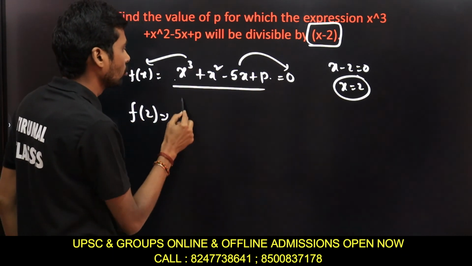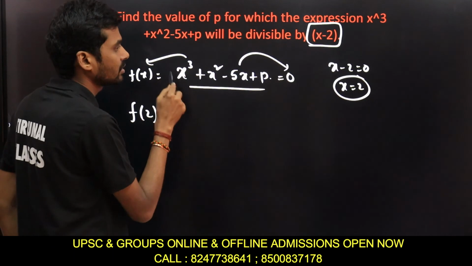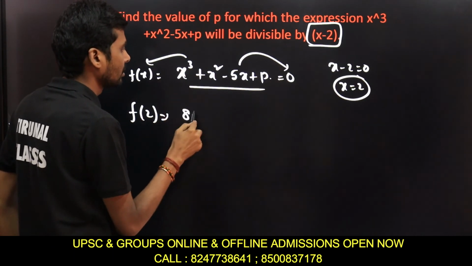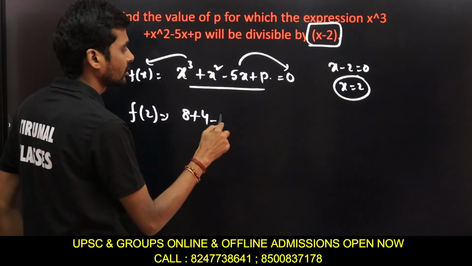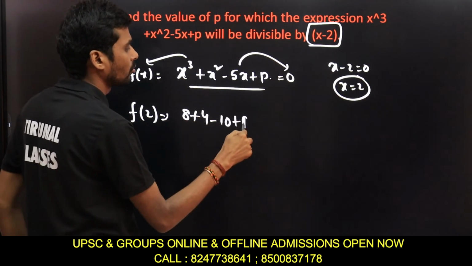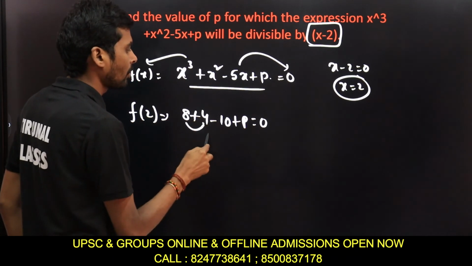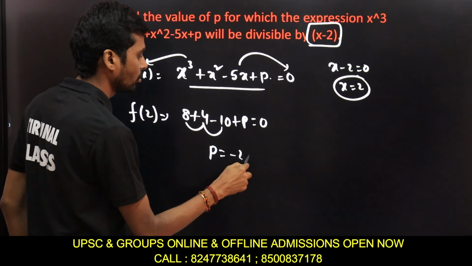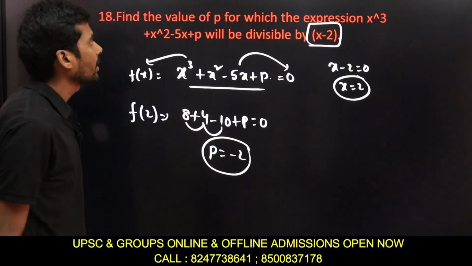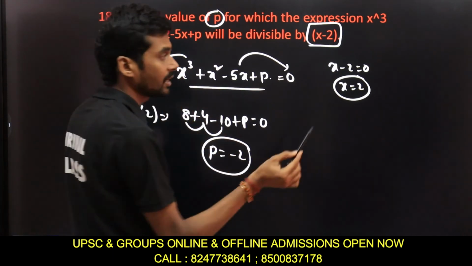So 2 cube is 8, next 2 square is 4, 5 into 2 is 10, plus p is equal to 0. From this we can find out the p value. So 12 minus 10 is 2. 2 plus p is equal to 0. So which means that p is equal to what? Minus 2.